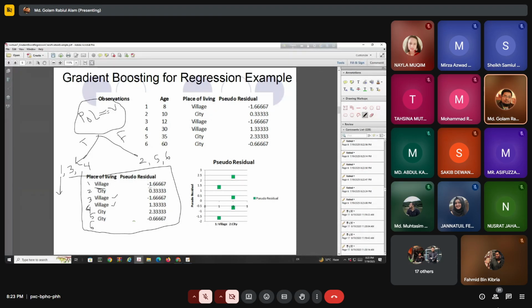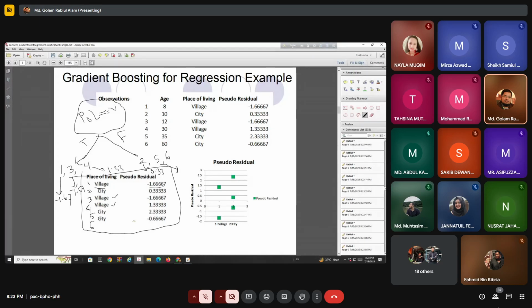For 1, the pseudo residual is negative 1.67, and for 3, it is negative 1.67. And for 4, it is 1.33. And then for 2, we get 0.33.